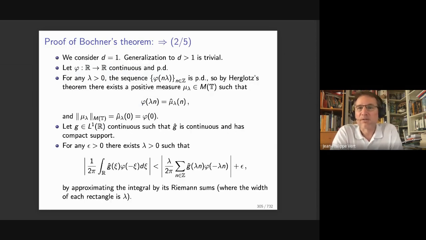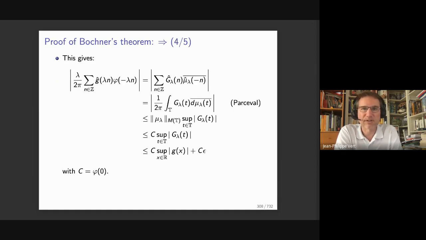The idea of the proof is to start from functions defined over discrete sets, then use Herglotz's theorem, the theorem that we have seen already over Z, and then do a limit from discrete to continuous. So look at it if you're interested. Everything is in the slides.